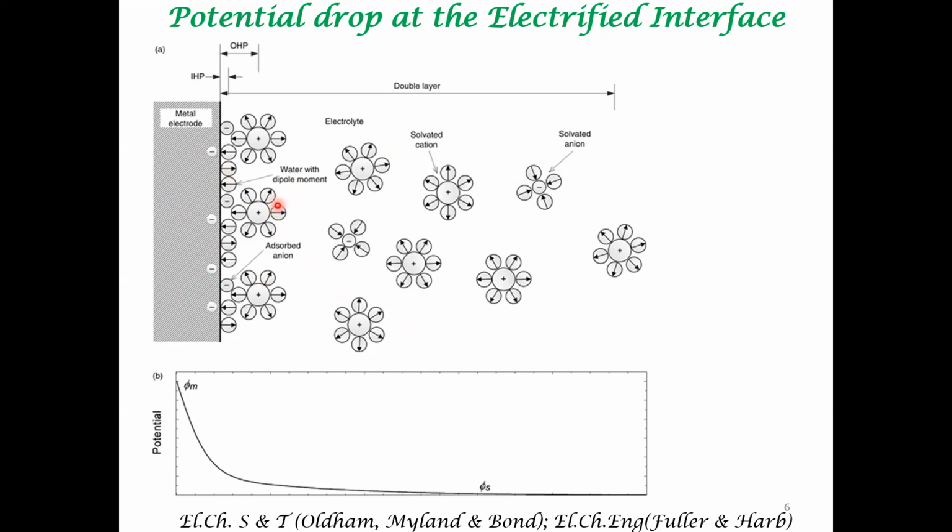All these things can be rationalized because there is a negative charge here. There are more positive charges, even though there are some negative charges also present, okay? Because entropy is such that you will have some negative charges also present here, but overall there are more positive charges present at this interface.